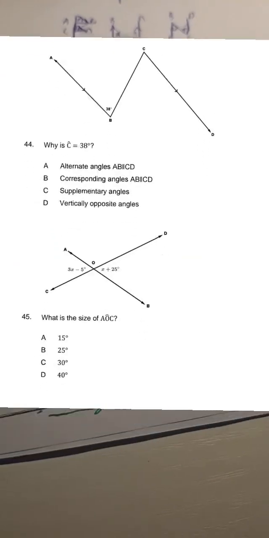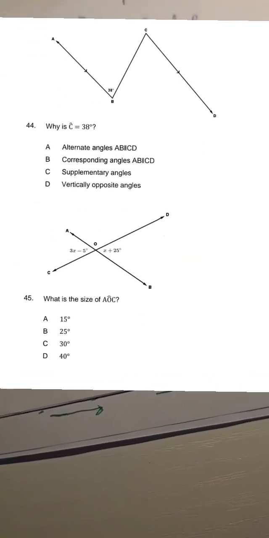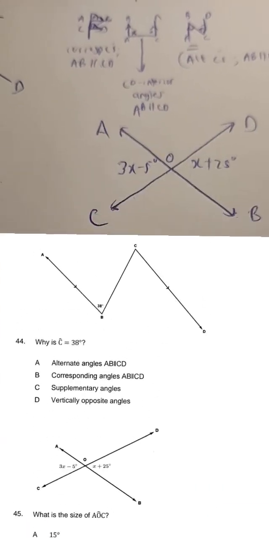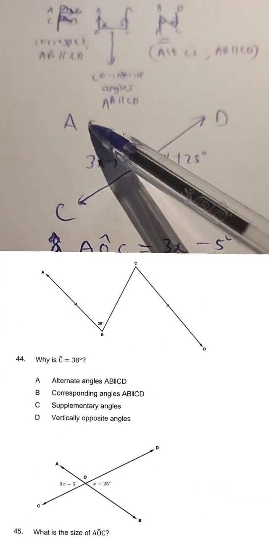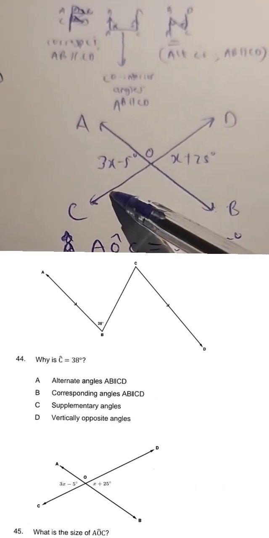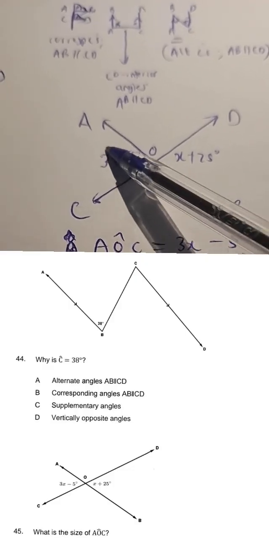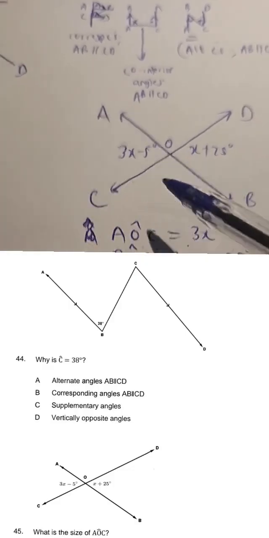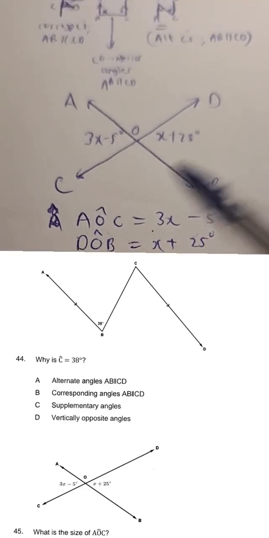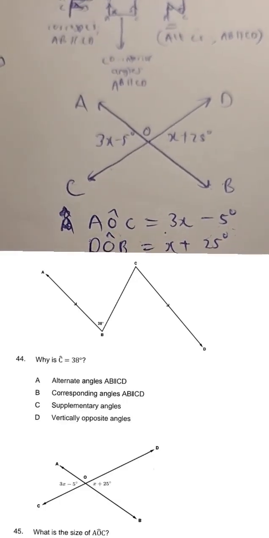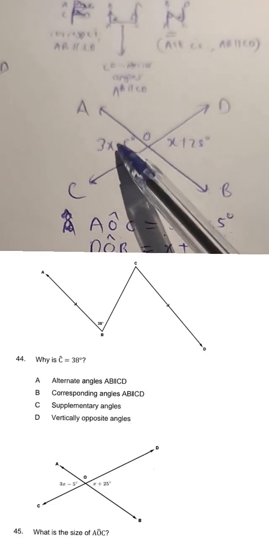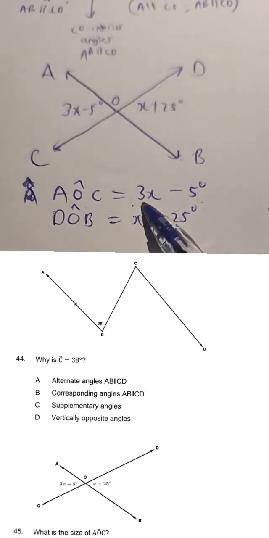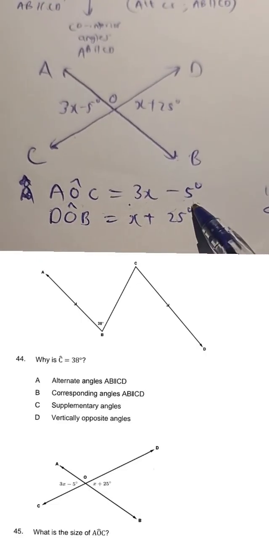Now, they are asking us, what is the size of angle AOC? They are asking for the size of angle AOC, which means, in other words, we need to find the actual value, not AOC in terms of x. Had they asked what is angle AOC in terms of x, we would have written angle AOC is equal to 3x minus 5 degrees and left it like that.